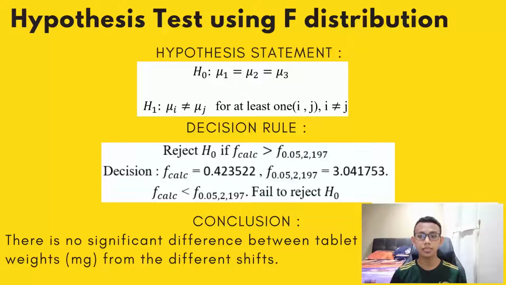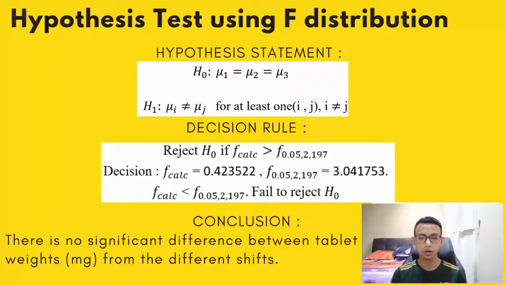Next, our hypothesis test is using the F distribution, and our H null is mu1 equal to mu2 equal to mu3, and our H alternative is mu i is not equal to mu j for at least one i, j. The decision rule is we reject H null if F calculated or F test is greater than F critical. In this problem, our F critical is F 0.05, 2, 197.